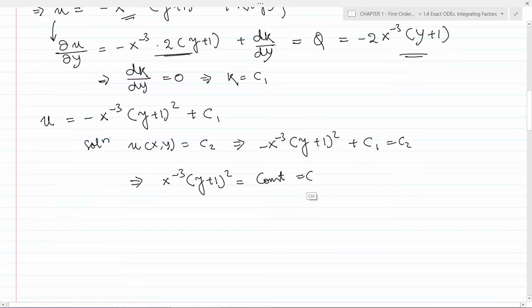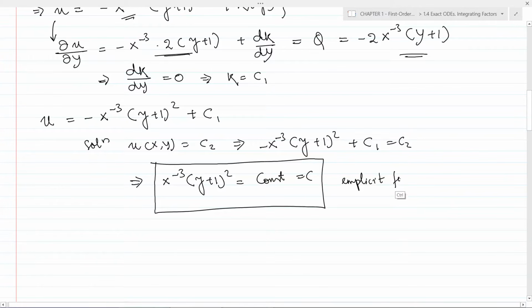Let us take that as C, and this is the solution of the differential equation in implicit form.